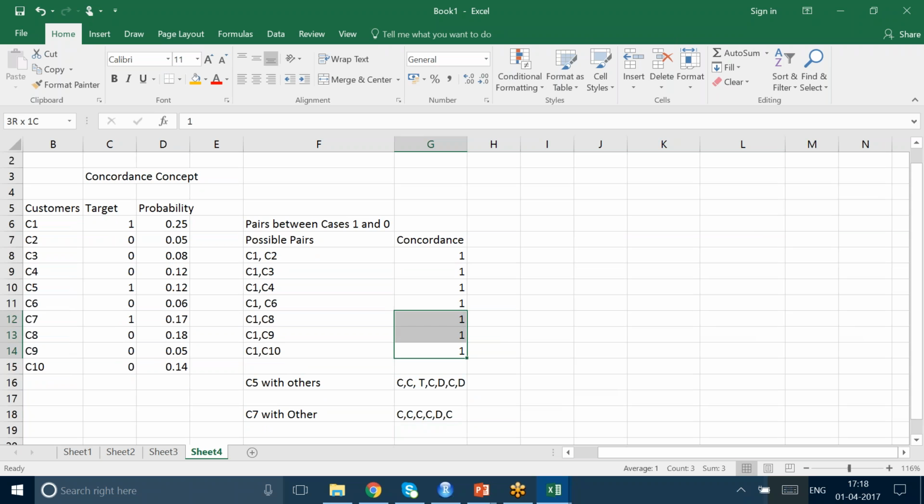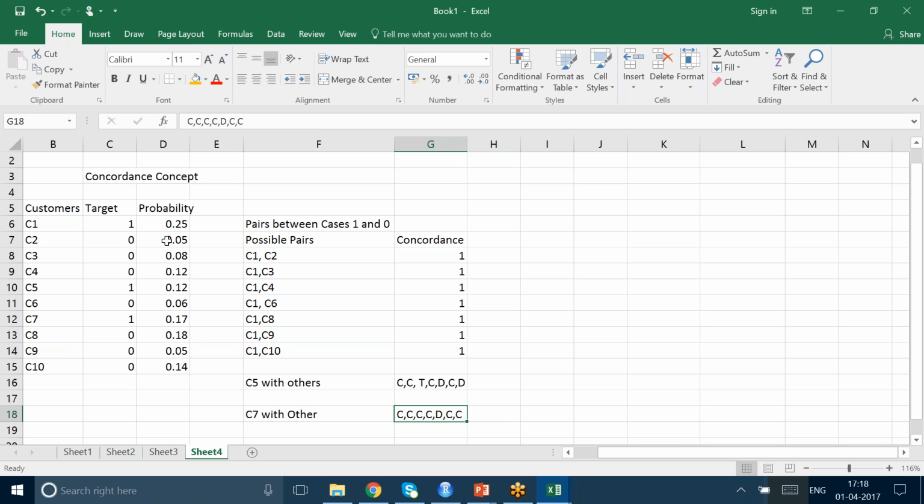So these are all concordant. This one is discordant, this is concordant, this is concordant. So there has to be 7. Yeah?